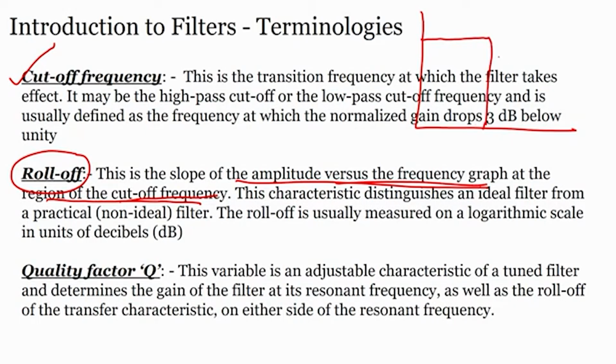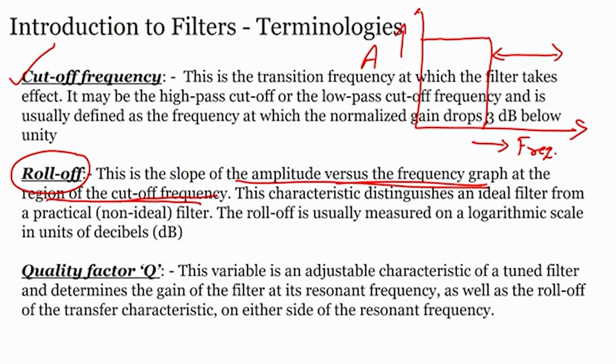For example, the high pass or low pass filter. Low frequency will pass, high frequency will not pass, you will see an ideal curve like this. What is the ideal curve? This is amplitude, this is frequency, x axis, y axis.